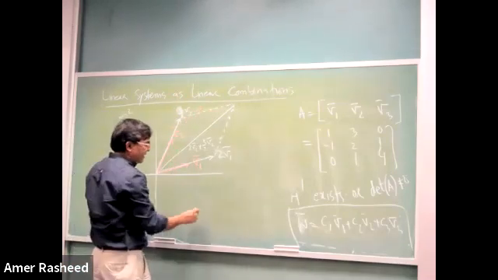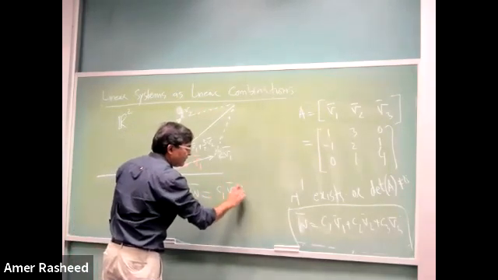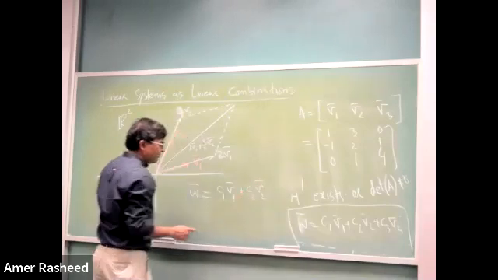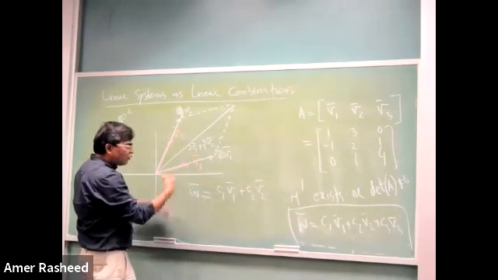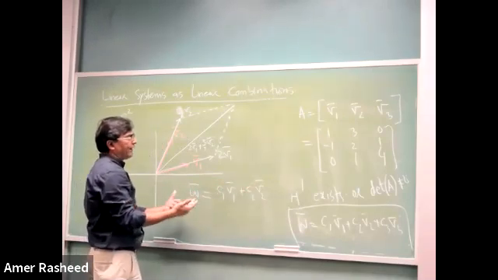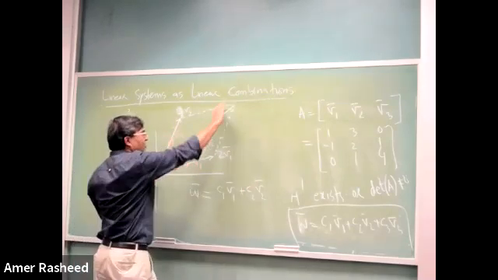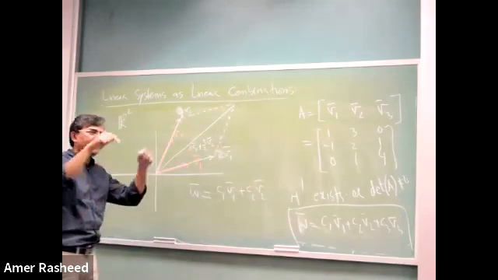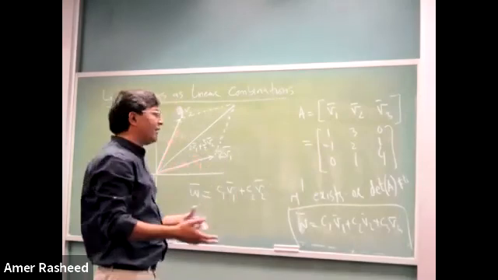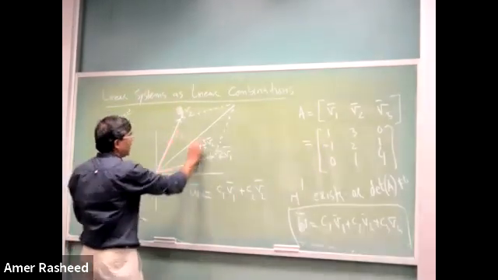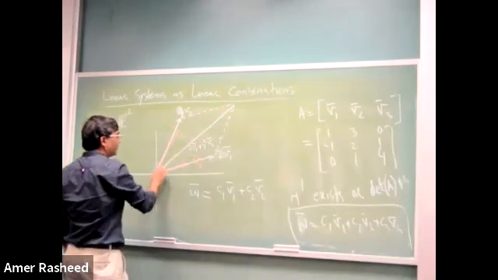In a linear combination, W is equal to C1 V1 plus C2 V2. W is a linear combination of V1 and V2. In general, what is a linear combination of two vectors? It is basically the scaling of the vectors plus the addition of those vectors. First we scale those two vectors and then we add them to get a new vector, which here is the diagonal of this parallelogram.